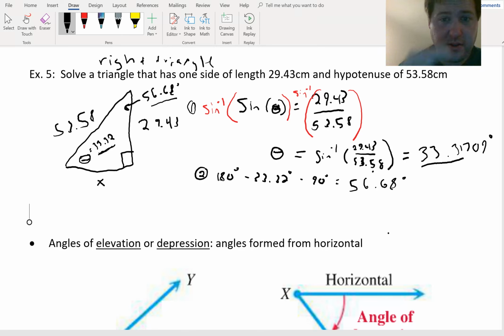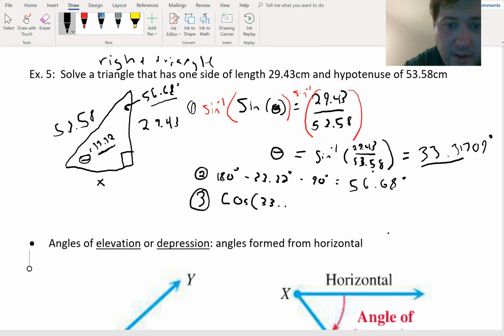So again, I'm going to use this angle 33.32 degrees. So step 3 here, I'm going to use that angle again, and I want to relate it to the adjacent side, this unknown x, and the hypotenuse. So cosine relates the adjacent to the hypotenuse, so that's what I'll use.